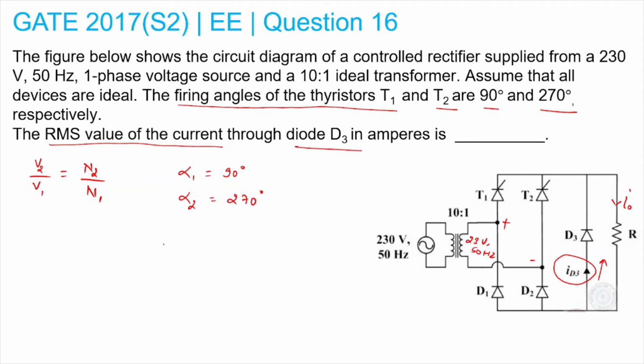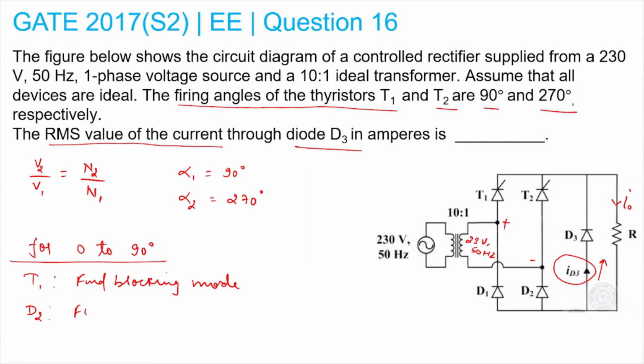So from 0 to 90 degree, T1 is in forward blocking mode and D2 is in forward conduction mode.